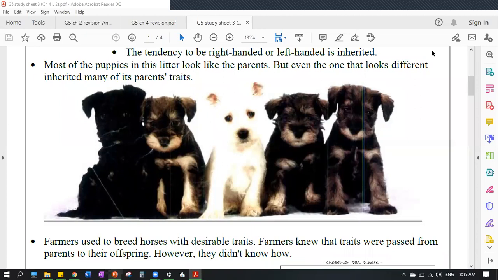But actually, they are all from the same parents. They may not look like each other. They didn't all take the same inherited traits. Some of them still look like their parents, maybe others look like the grandparents, so it's up to the traits themselves that they got from their parents.